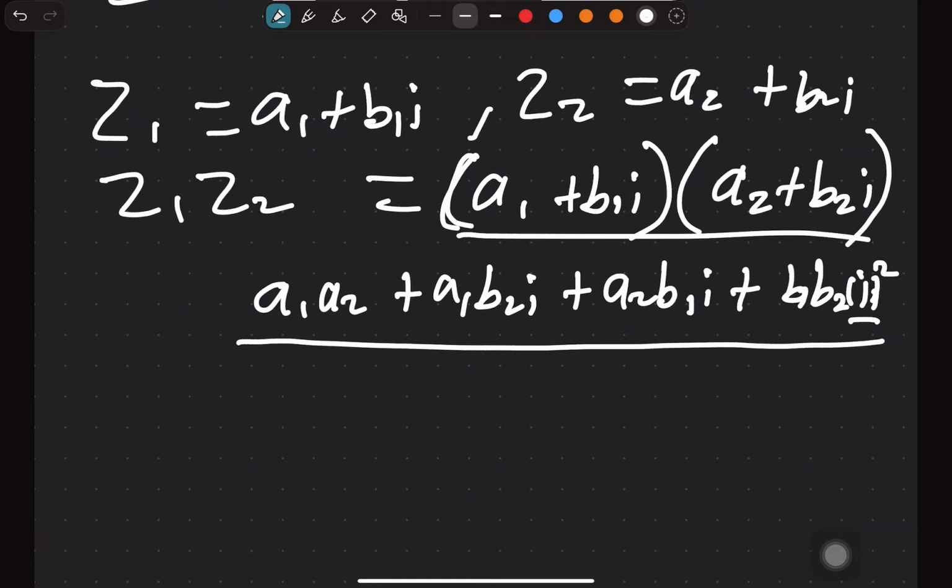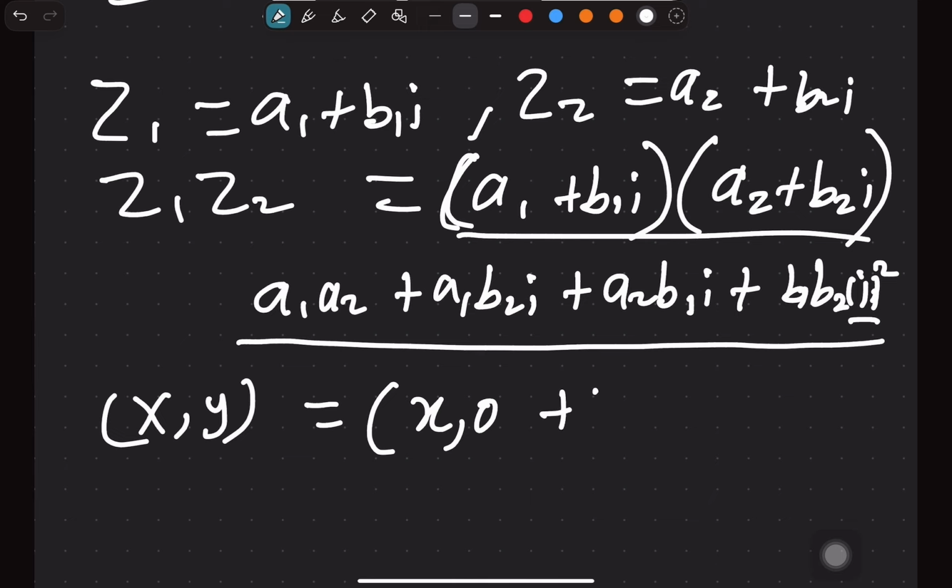So now every complex number, as you saw earlier, can be represented in the form. Let me write this: x, y, which is a complex number, can be represented in the form x, 0 plus y, 0 multiplying the imaginary unit, which is 0, 1.